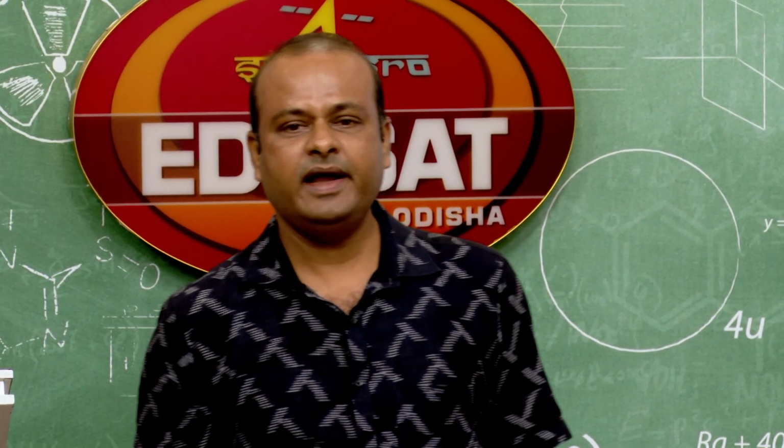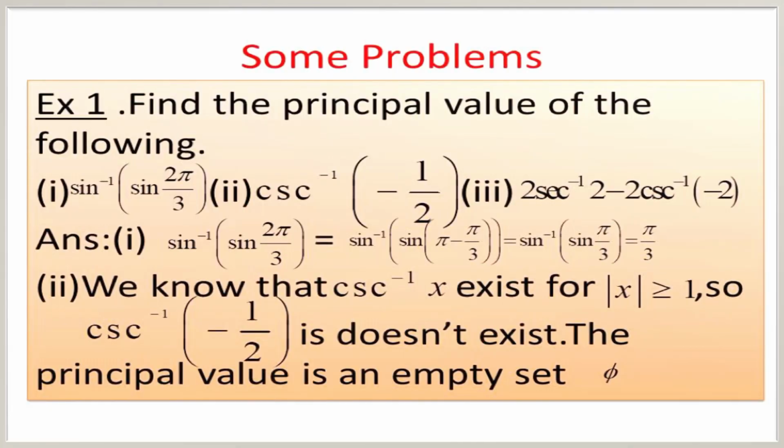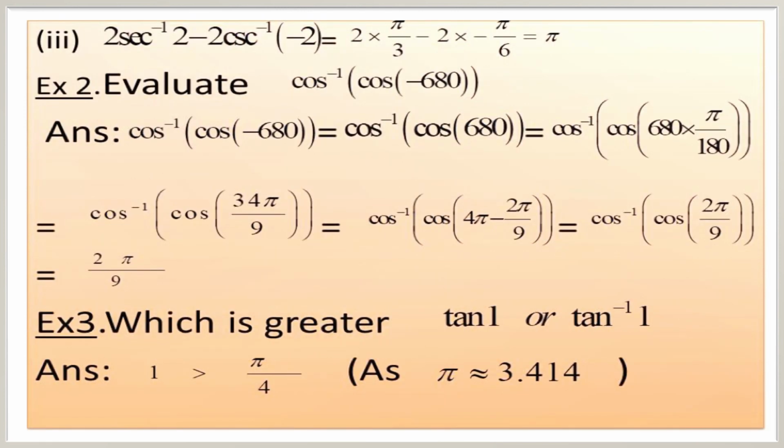You can try the third one, find the principal value of 2 sec inverse 2 minus 2 cosec inverse minus 2. You can see on your screen, its principal value is pi. Then evaluate cos inverse cos of minus 680.